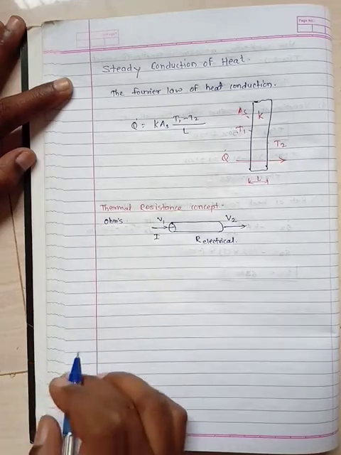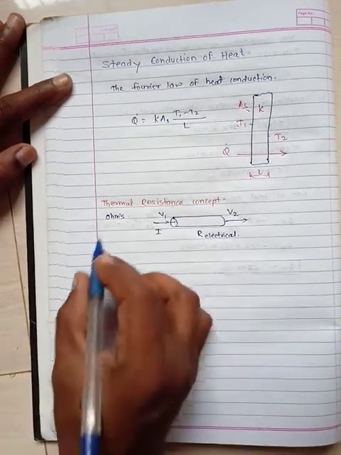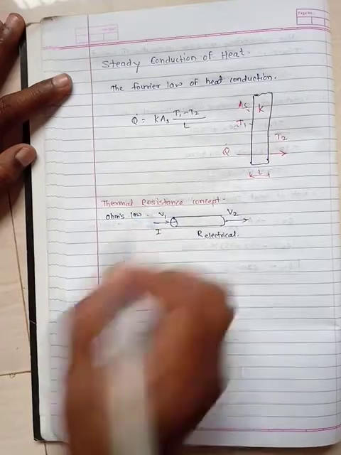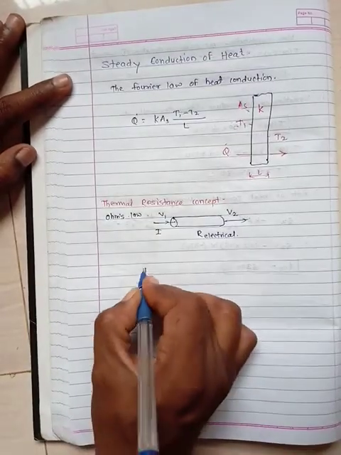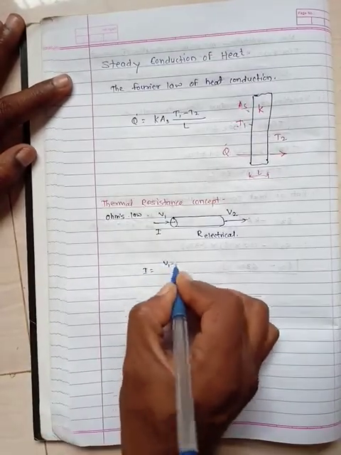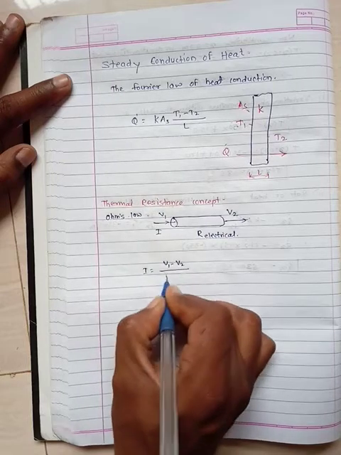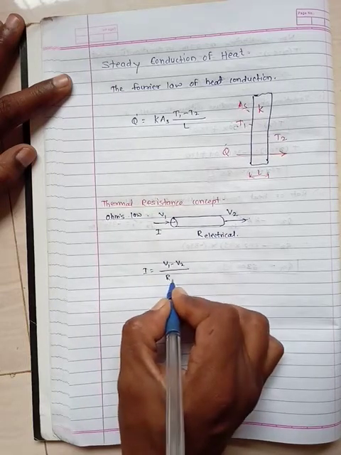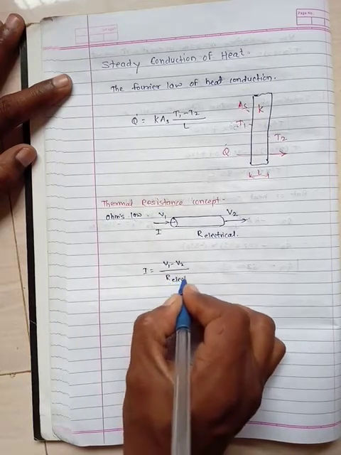So according to Ohm's law, I is equal to V1 minus V2 divided by the electrical resistance.